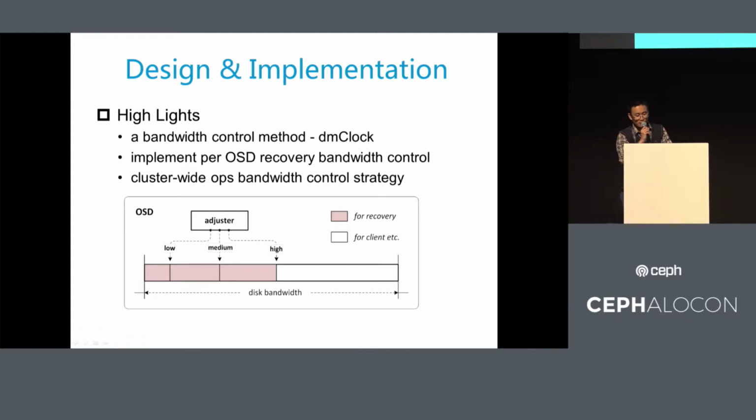The main idea consists of 3 parts. First, we try to find a bandwidth control method. Here we use the dmClock. Based on that, implement per-OSD recovery bandwidth control. Then figure out a cluster-wide bandwidth control strategy.